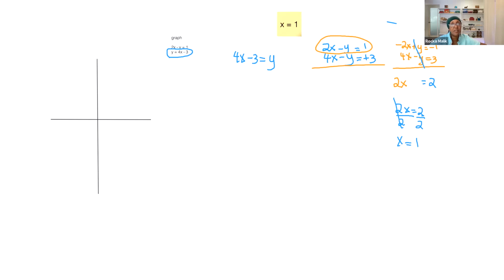So x is 1. I'm gonna use this. I use this equation because my y is by himself already. So when I get the x, I don't have to be moving anyone. All my stuff happens on one side. So I plug in x equals 1.